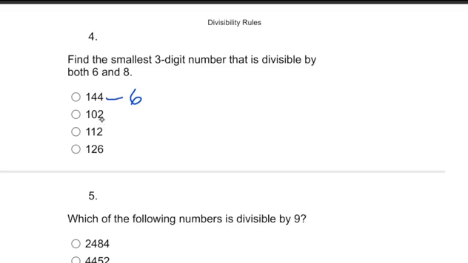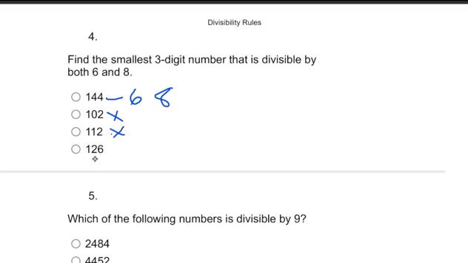For the second one, 3 can divide it, 2 can divide it, but 8 cannot divide it because 8 in 10 is 1, remainder 2, and 8 in 28 cannot divide. The same thing with this one, 8 cannot divide it. The third one, 2 can divide it. What about 3? 3 cannot divide it, so it's out.